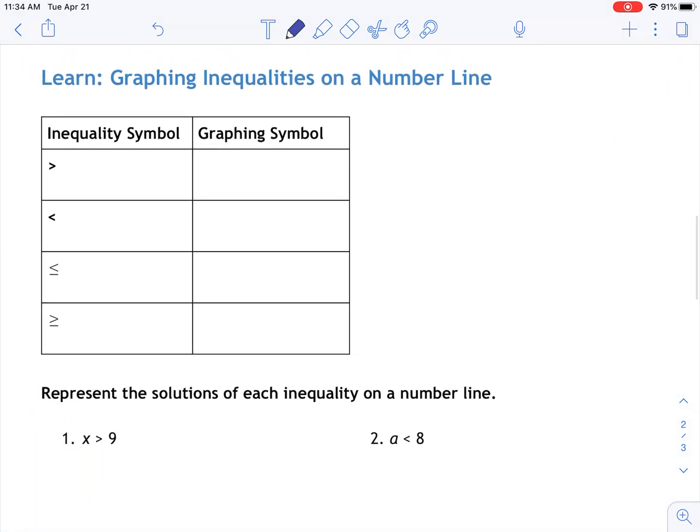Okay, so when graphing inequalities on a number line, depending on our inequality symbol, it's going to be represented by something different.